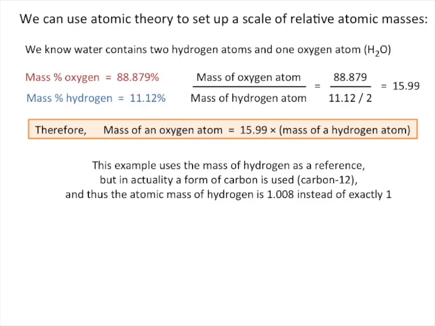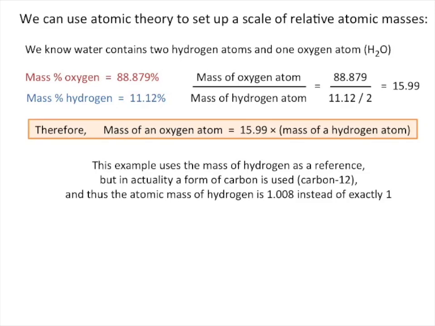For the mass of an oxygen atom, you look at the mass percentage here and divide it by the mass percent of hydrogen, and then you have to divide the mass percent of hydrogen by 2 because there's 2 hydrogens per water. If you do the math like this, you get 15.99, which says that the mass of an oxygen atom is about 16 times heavier than the mass of a hydrogen atom.